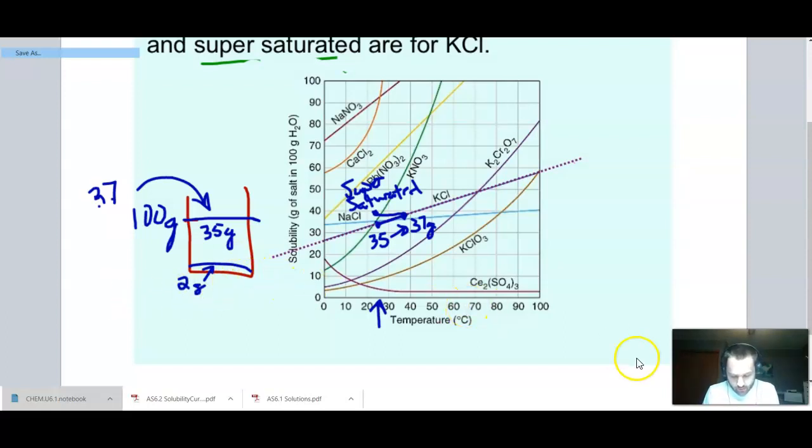Then I would heat the solution up, and now suddenly that 2 grams is going to be able to dissolve in the solution, right? Because I've heated it up. And so now I can actually dissolve all 37 grams. And then I cool it back down, and we've basically tricked the solution into letting 37 grams stay dissolved in there.